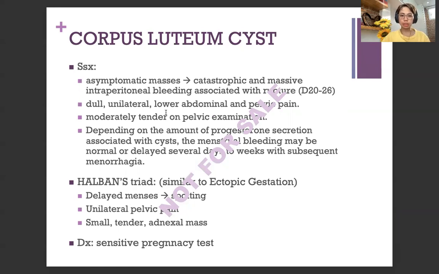It's dull, unilateral in the lower abdomen, and moderately tender on pelvic exam. So again, delayed menses, pain, and you will be able to appreciate a small tender adnexal mass. This is the Halban's triad. So how to differentiate with ectopic gestation? Of course, your simple pregnancy test will do.